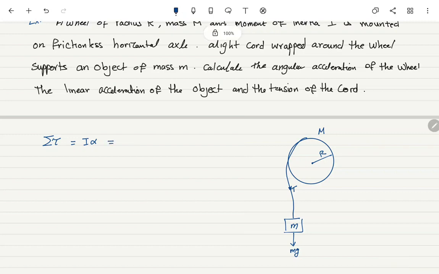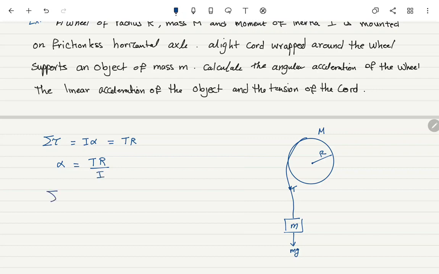So the torque is equal to tension times R, and the angle between the radius and the tension is 90 degrees. Sine 90 is equal to 1, so there's no need to write sine theta in this case. So alpha, the angular acceleration, is equal to T, the tension, times R divided by I.